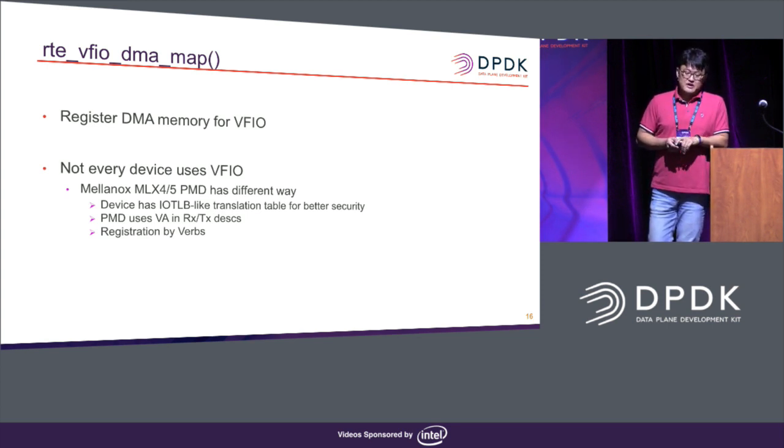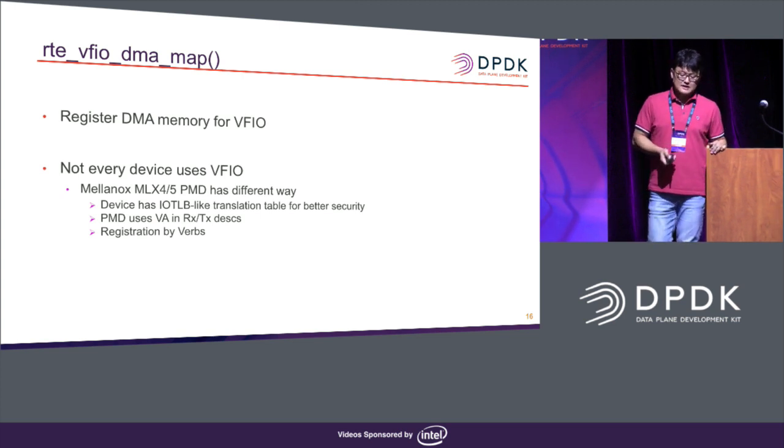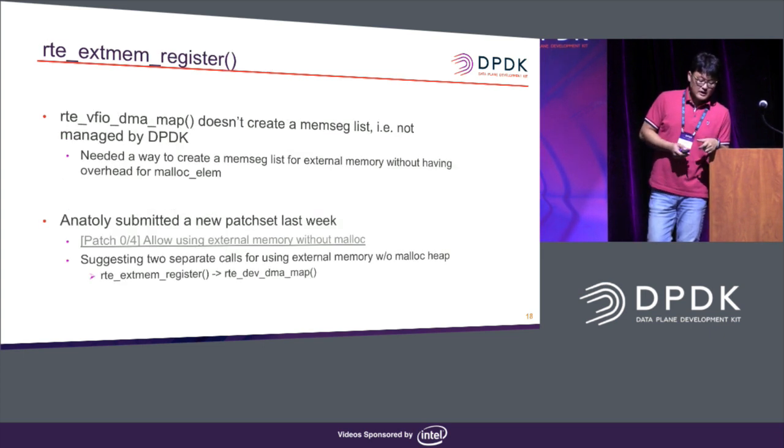That's why we don't use VFIO, but we thought that was better for security between VMs and the hypervisor. So anyway, we have different ways to register memory for the device, and that's why we think there should be a standard, more generic API to register the memory.